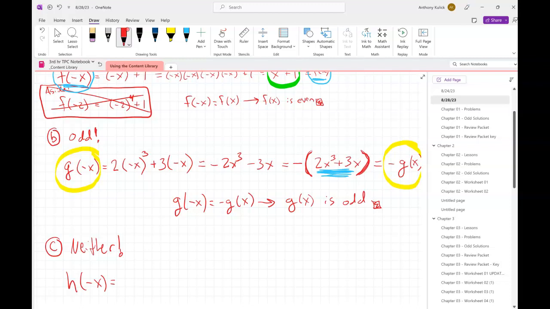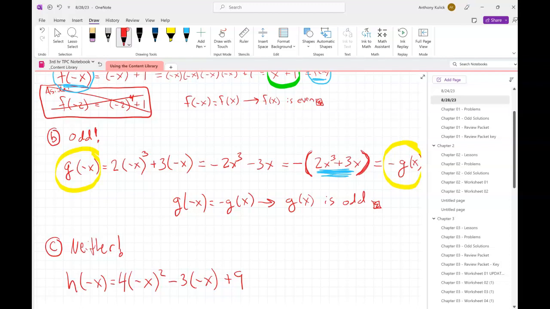Plug negative x in for x, right? So instead of 4x squared, we have 4 times negative x squared. Instead of negative 3x, we have negative 3 times negative x. And plus 9, well, there's no x's, so it just stays plus 9.